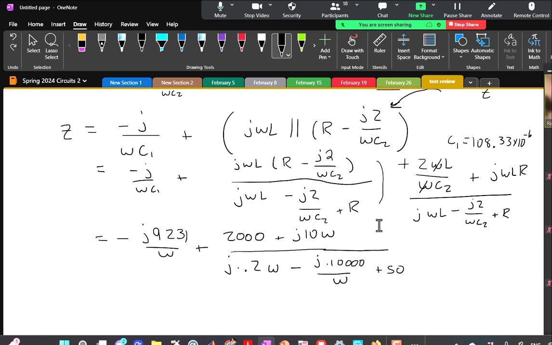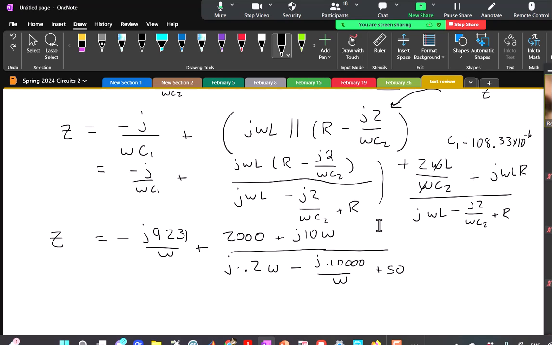Okay, so then you have to ask yourself, all right, that's all fine and dandy, that's good. What do I do from here? How in the world do I figure out what omega makes the imaginary part of this 0?